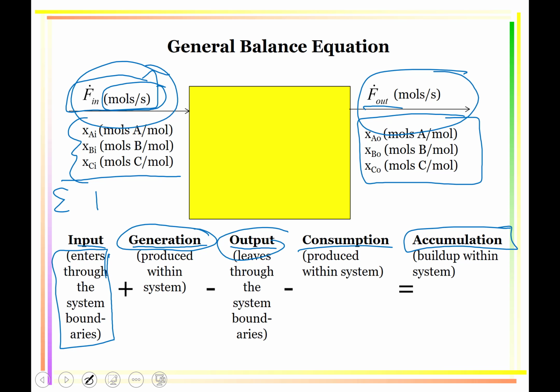And consumption is not produced, it is consumed within the system. So let's say A goes to B, then A is consumed and B is generated. Accumulation is if you have buildup of material within the system. So you can have generation but no accumulation if everything that is generated goes into the output, which is the case with a steady state process.